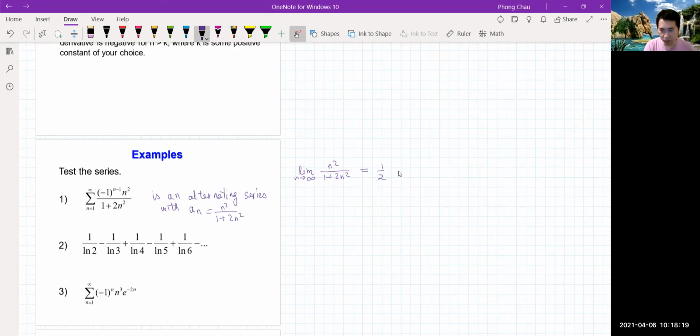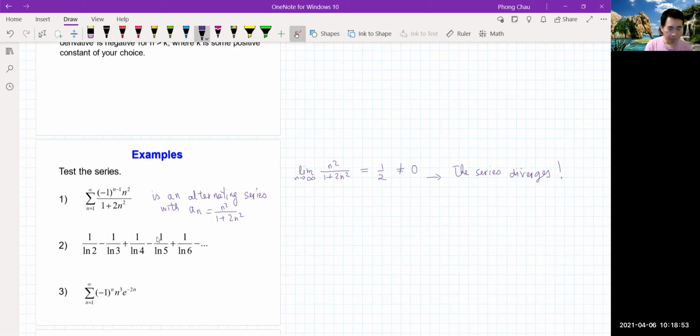Since that's not equal to 0, by the divergence test, the limit of this whole thing will not approach 0, and therefore the series diverges.